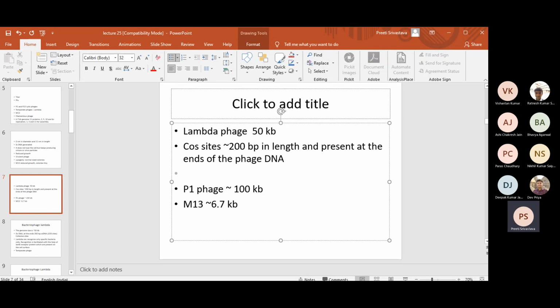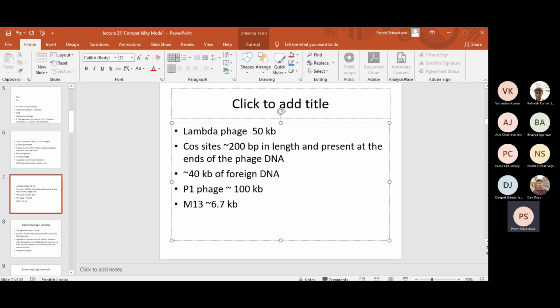If we take out the genes which are for phage replication and phage assembly, then you can package about 40 kb of foreign DNA. The total length is 50 kb, though in some books you will find the exact length is 48.5 kb.